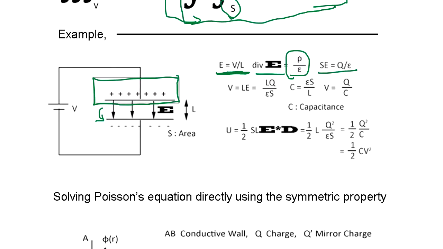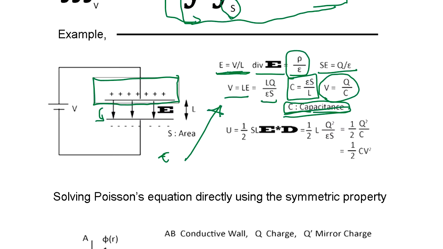So V equals LE, then from this equation the capacitor is defined as CV equals Q. Then we can calculate the capacitance of this configuration using the Gauss integral formula. Instead of taking an integral, we just multiply by the area because we assume everything is going straight down. So that's an easy integration.